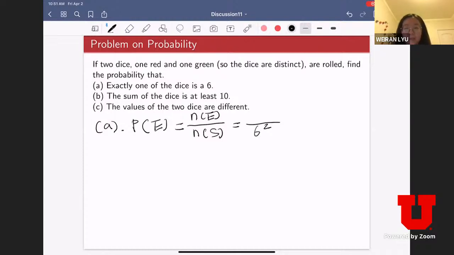And what are you going to put right here? There are exactly 5 outcomes where exactly one of the dice is 6.